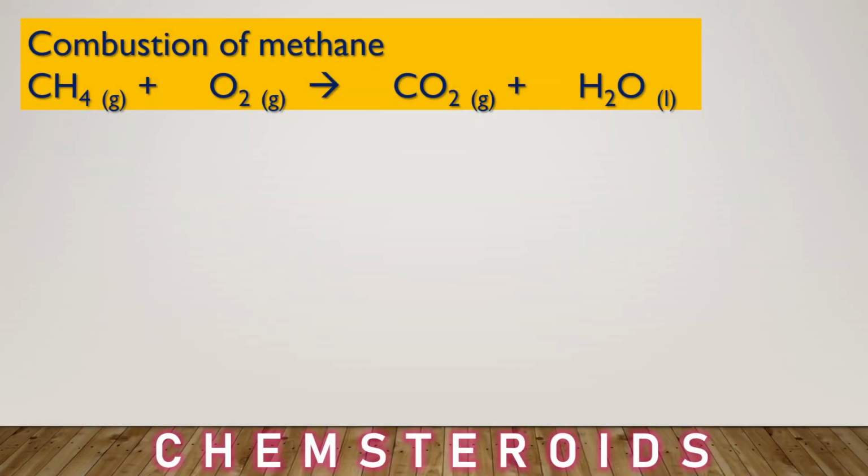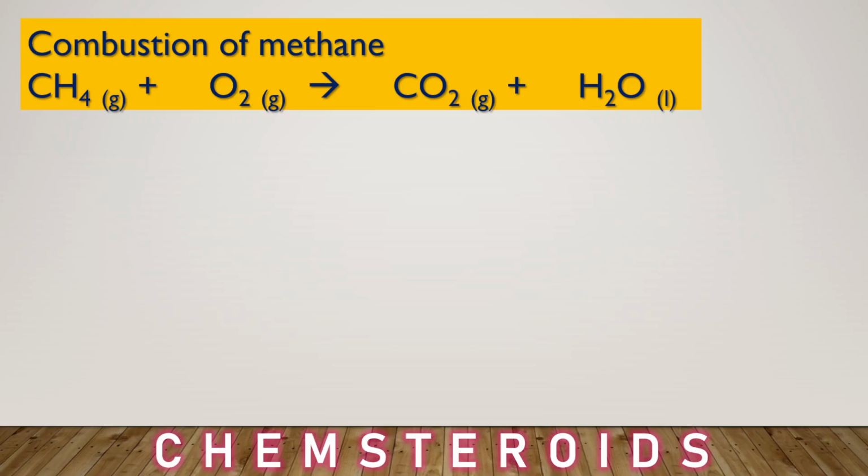Let's balance combustion of methane. So the reaction is given to you already, where methane formula is CH4 and another reactant is the supporter of combustion, that is oxygen, and forming the products carbon dioxide and water. So how to balance this equation?